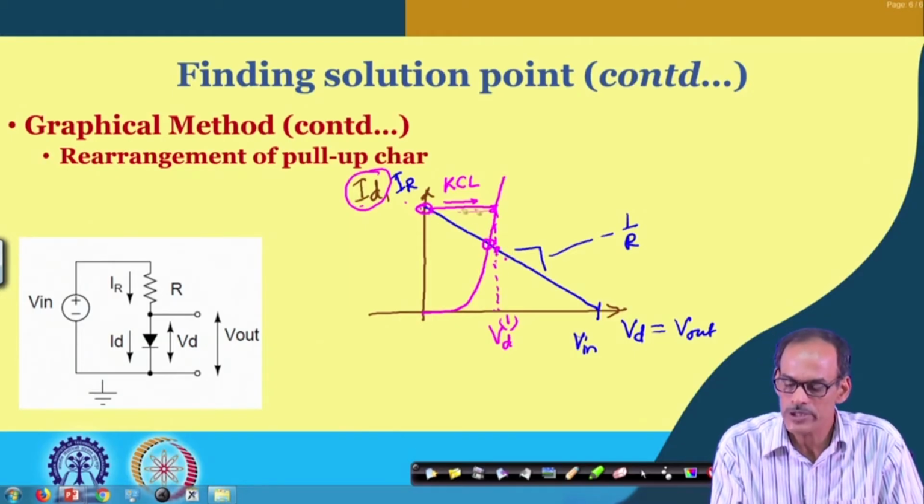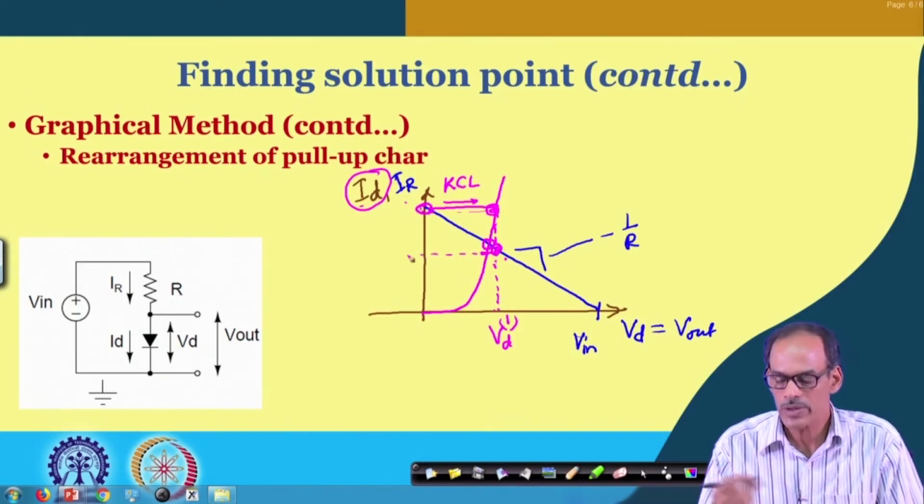So, we move from this point to this point, and then the pull up characteristic may be consistent at this point, but the pull down characteristic is not consistent. So, again we move along this direction to find the updated current. That is how it is done iteratively.